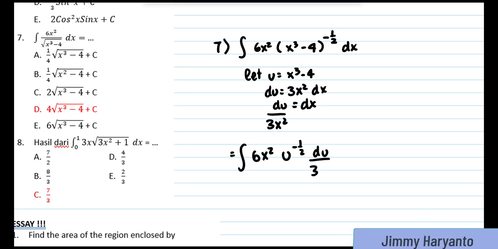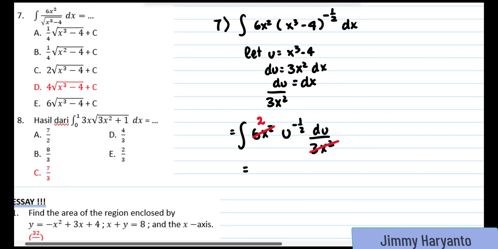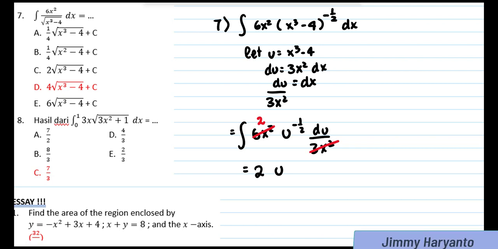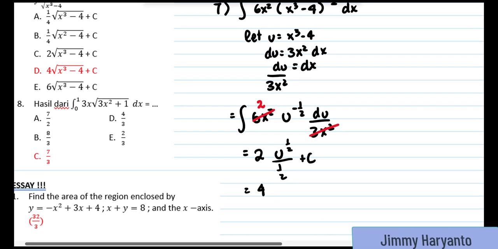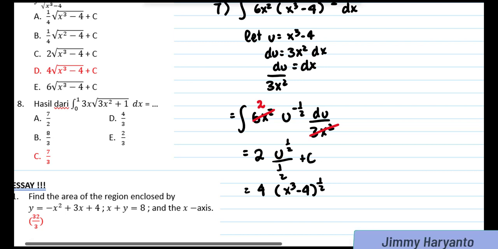The dx will become du over 3x squared, and that means we can see that this one is crossed out. It will leave 2 right there, and then when you integrate it, you will have negative half plus half equals half over half and plus c. This one will become 4 times u, where u is x cubed minus 4 to the power of half and then plus c.